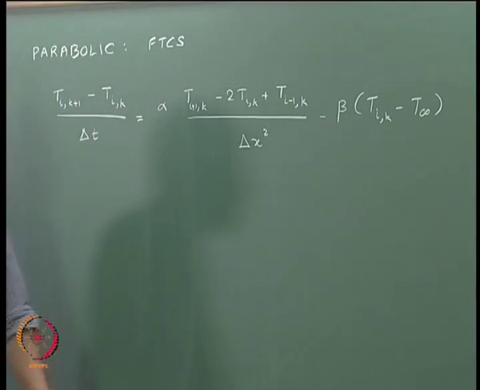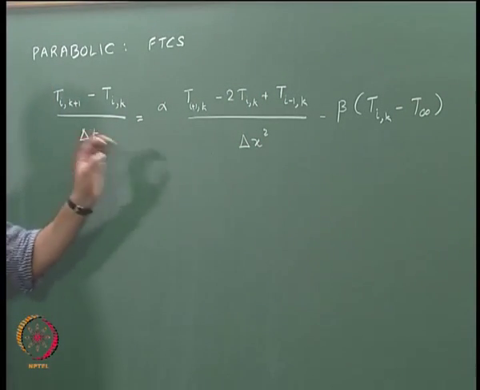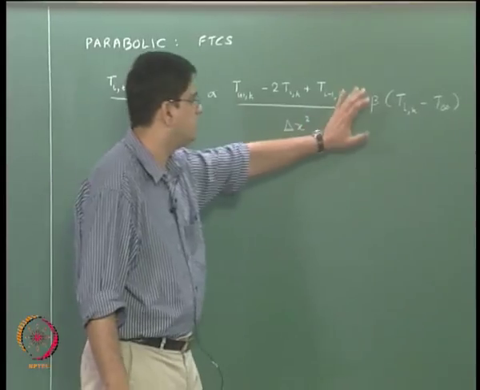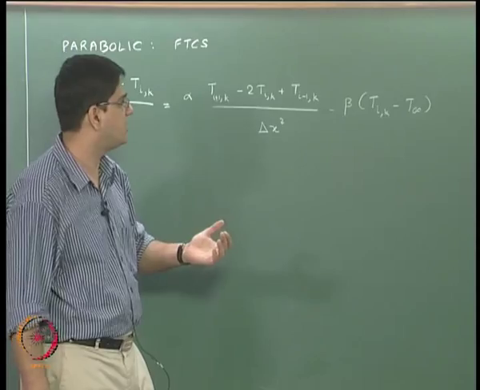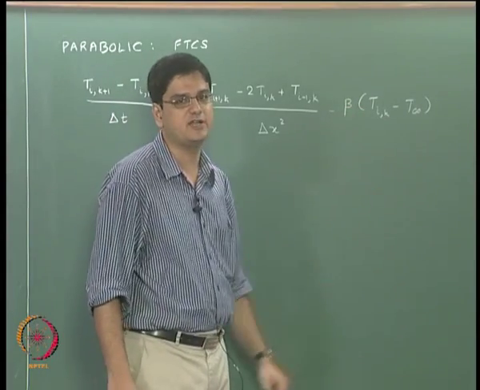Now initially we will solve this particular problem assuming that beta equal to 0, and then we will take up a problem in which we take a finite value of beta.